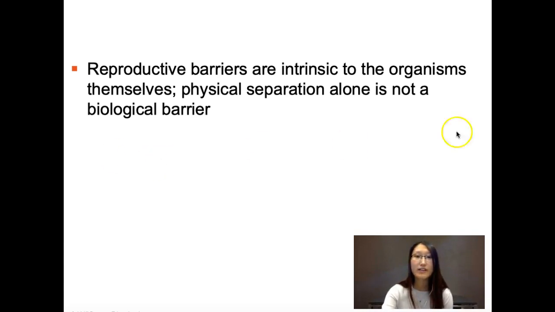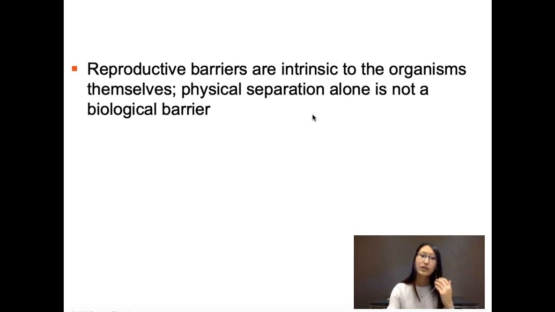Okay, so this one right here, reproductive barriers are intrinsic to the organisms. That means, like we said earlier, just having the physical separation is not going to cause the biological barrier, right? So when we talk about biological barriers, those are the prezygotic and postzygotic isolations, the behavioral isolation, temporal isolation, geographical isolation.